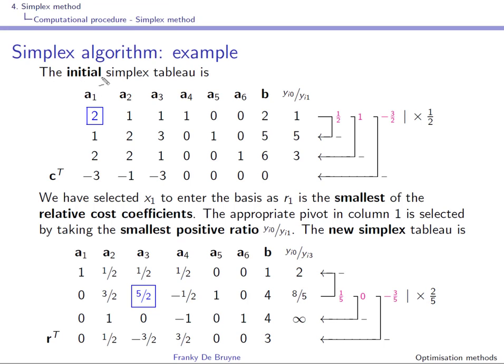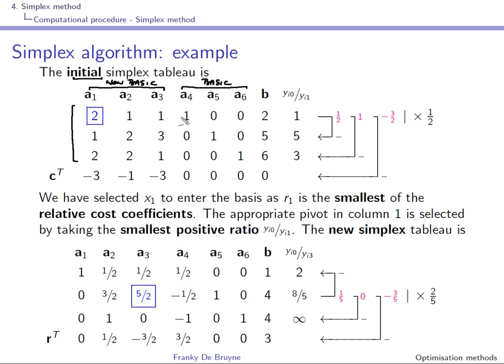Well, this is the initial simplex tableau, and we obtain it by writing the three constraints, right? Here you have the three operational variables, and here we have the three slack variables, coming from the fact that we have transformed the problem into its standard form. In this case, these will be the basic variables, and these ones will be non-basic. And you can read the initial basic feasible solution from the tableau.